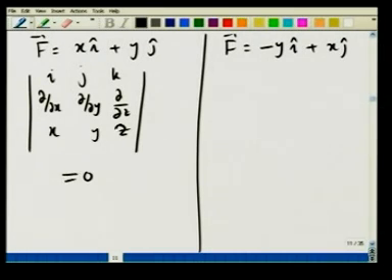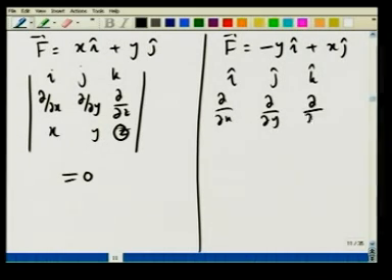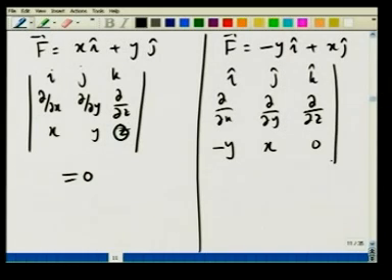On the other hand, if I look at the curl of the other example, i, j, k, partial of x, partial of y, partial of z, this is minus y, x, 0. You will see that it gives a k component, or z component, which is equal to 2. So, this is non-zero.